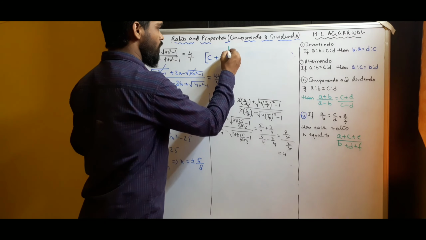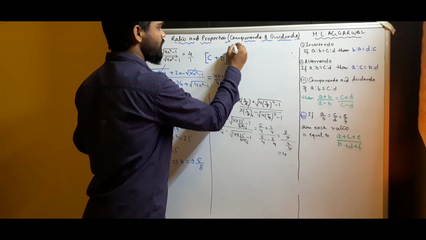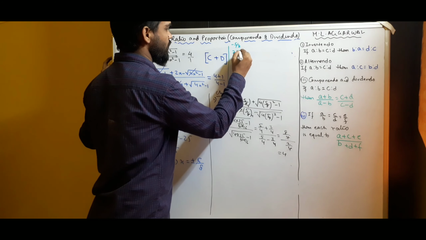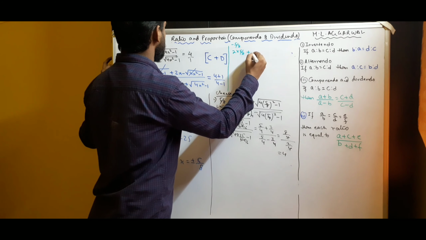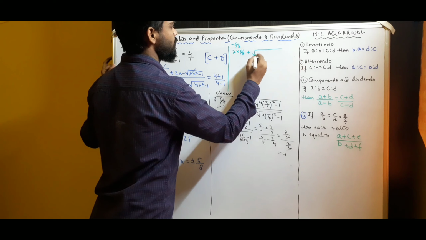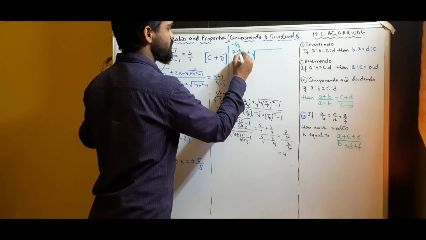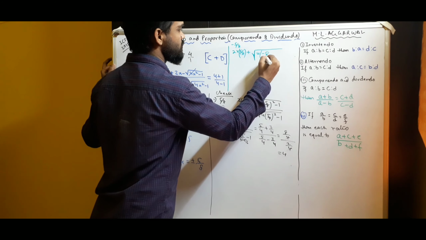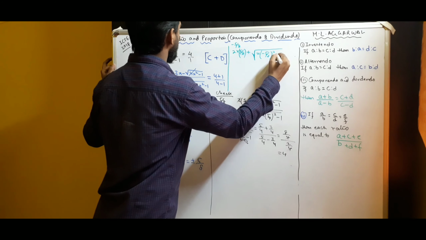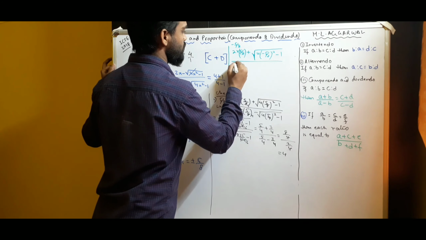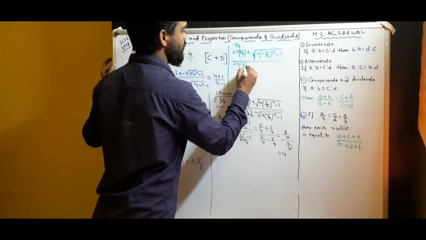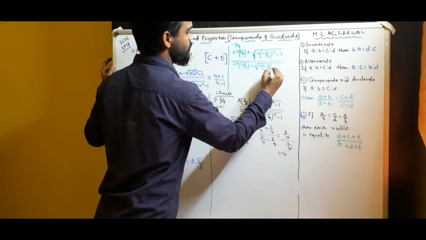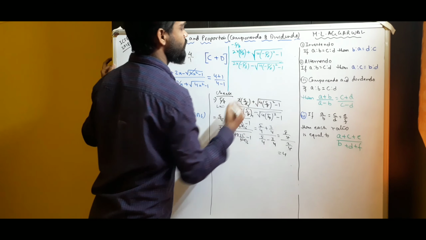Now we'll check for minus 5 by 8. Put over here again, 2 multiplied by minus 5 by 8 plus √(4(−5/8)² − 1) by 2 into minus 5 by 8 minus √(4(−5/8)² − 1).